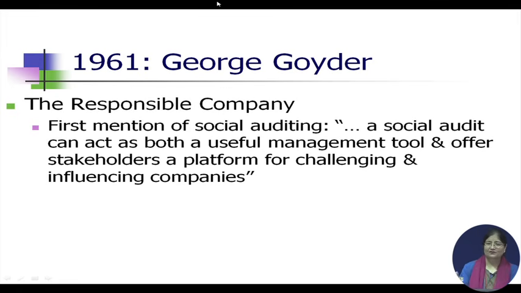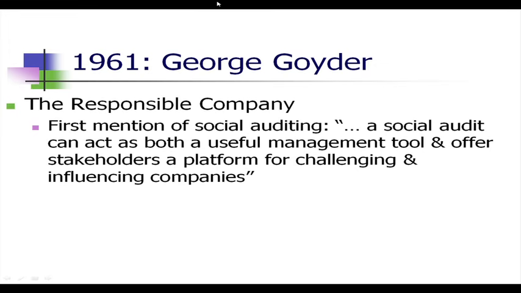We are talking about the evolution of the stakeholder approach. So, social audit was intended to give the stakeholders a voice, a platform to ask companies what they were doing, or why they were doing what they were doing. And this was first mentioned in this book called The Responsible Company.